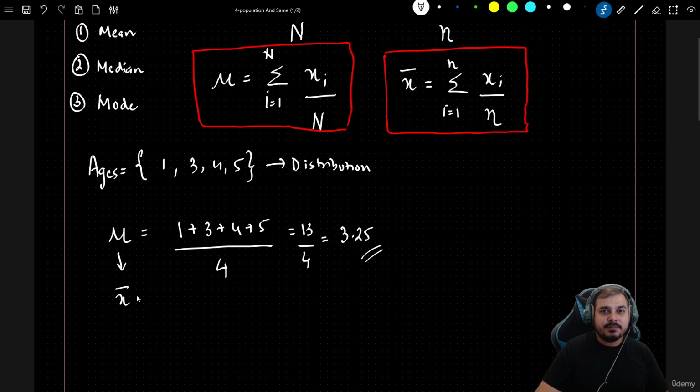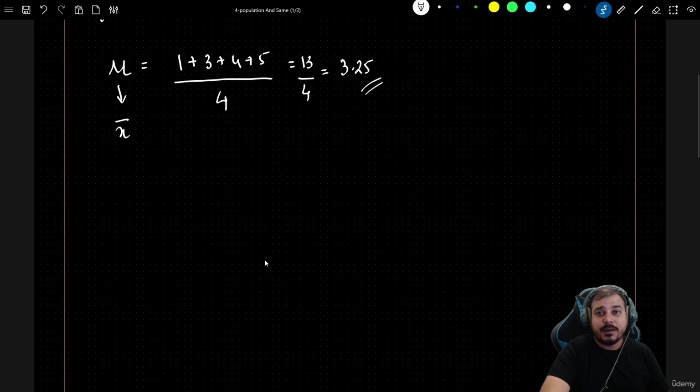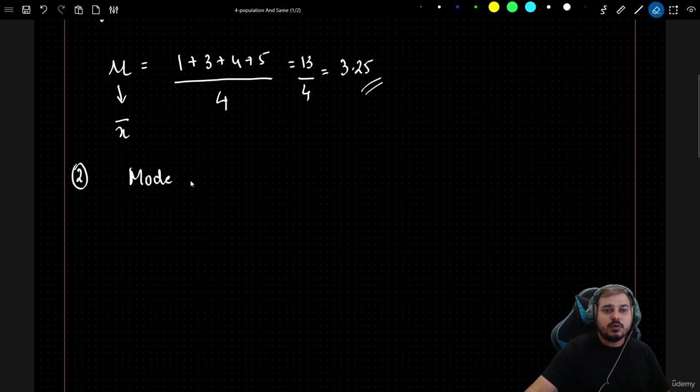Very simple, very easy to understand. Now the second measure of central tendency that we are going to discuss is mode. But before going to mode, I am just going to make you understand median.